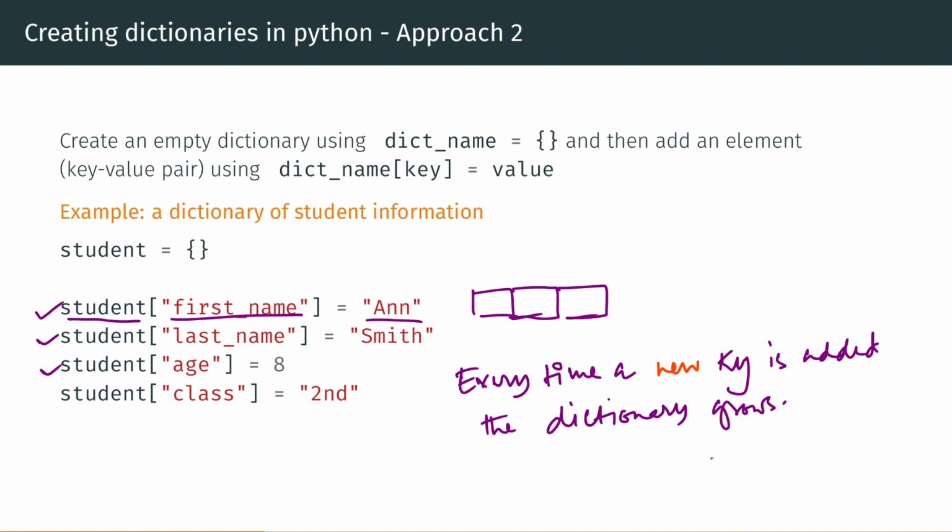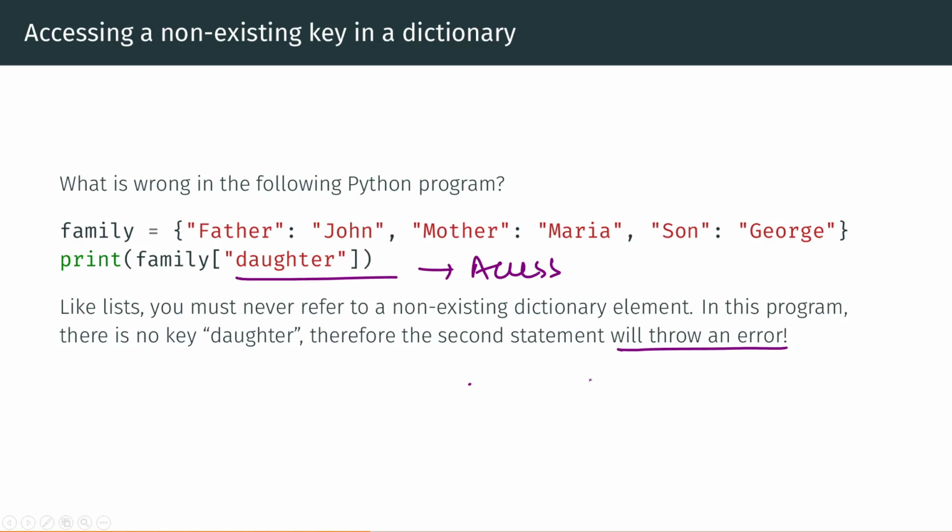When I say added, what I mean is a new key is assigned a value. The dictionary grows, which means it includes the key in the dictionary. It does not throw an error.